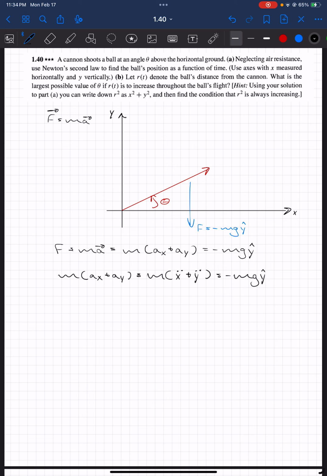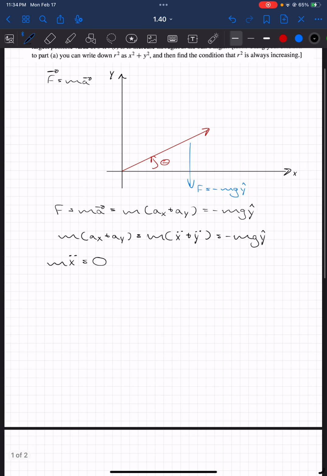We want to solve for position functions for y and x. So I will first solve for x. So I'll separate our function into m x double dot is equal to 0, because there are no forces acting on it in the x-axis direction, since there's no air resistance and just gravity in the negative y hat direction. Which means that y double dot times m is equal to negative mg.